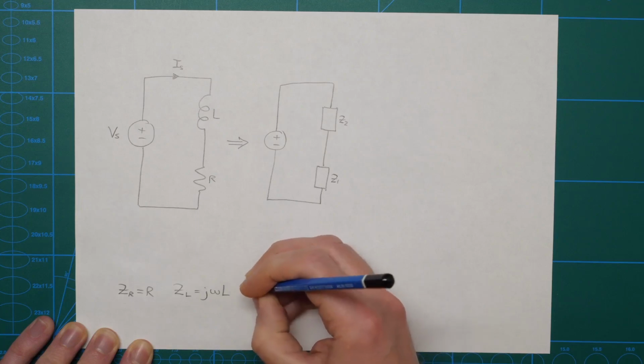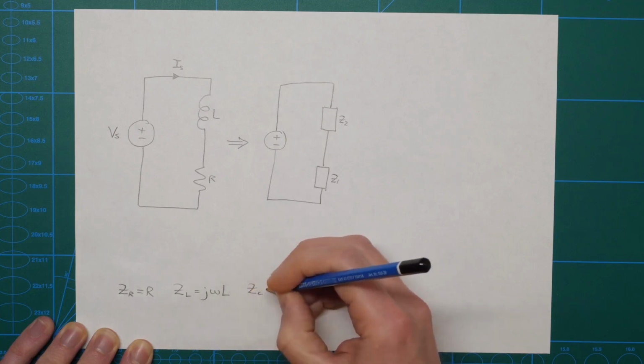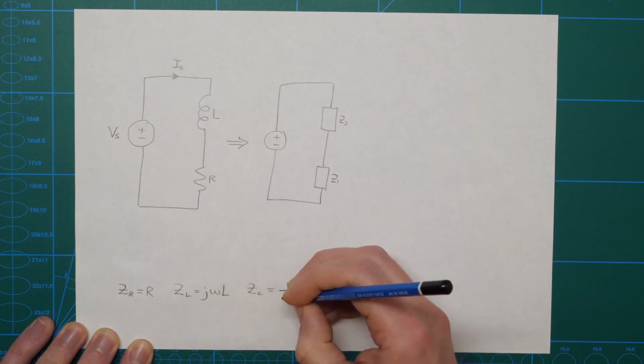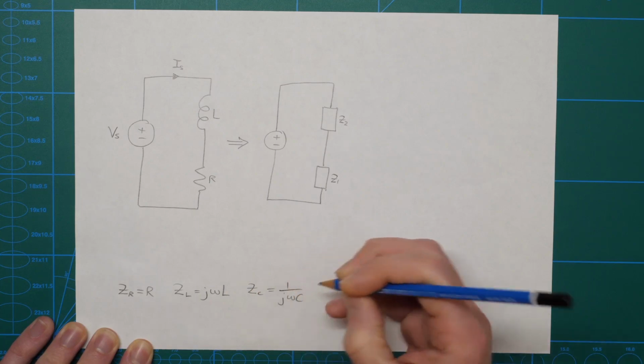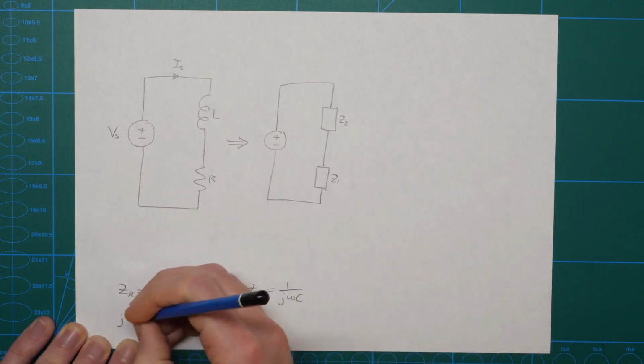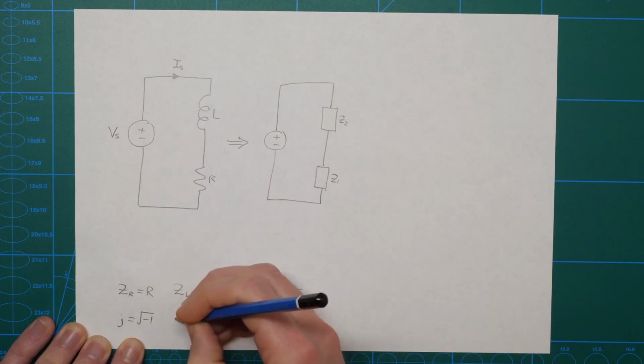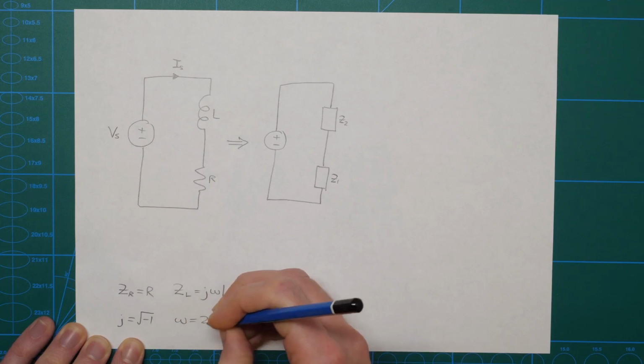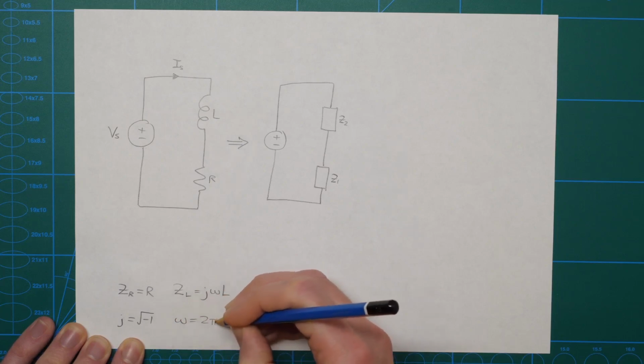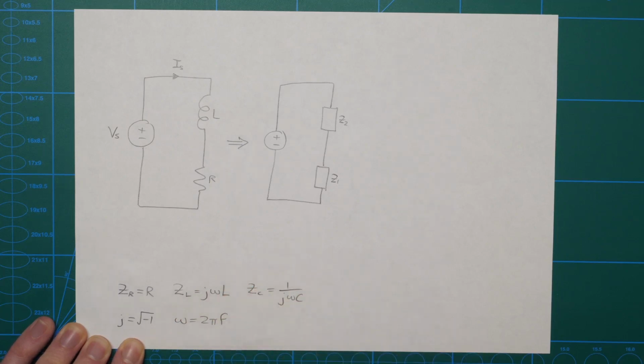And for a capacitor, which of course we don't have in this circuit, but I'll include it here for completeness, that'll be 1 over J omega C. As I say, J is the square root of -1. Omega is the angular frequency, so that's just 2 pi times the frequency in hertz.